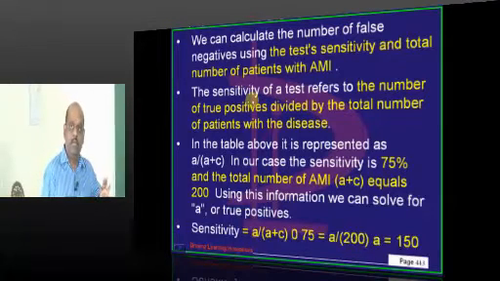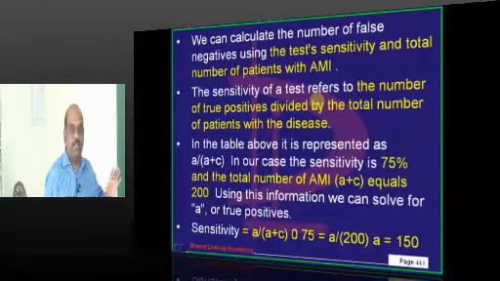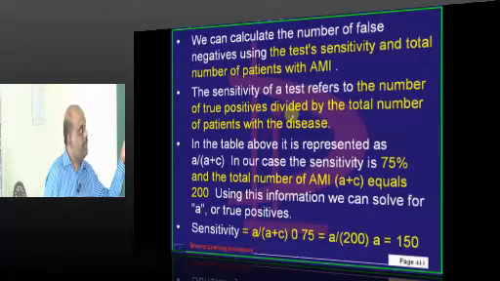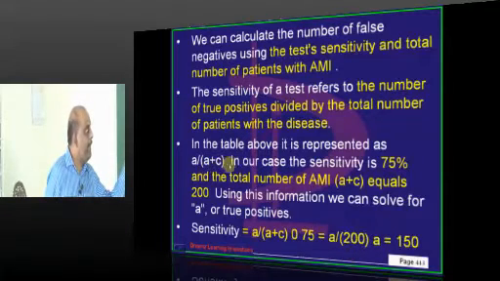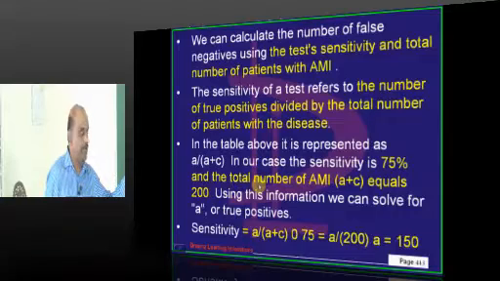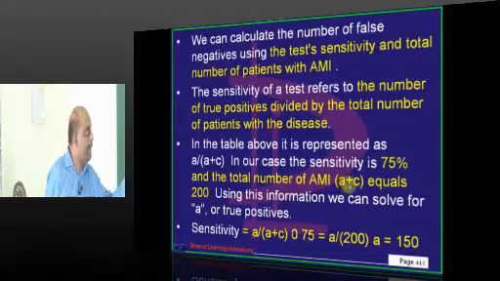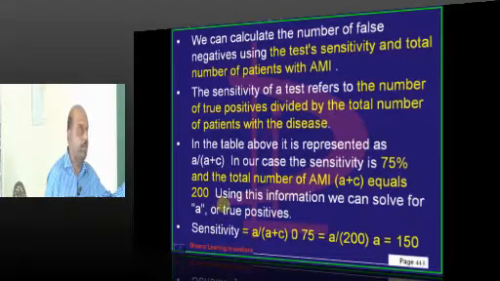How? The sensitivity of a test refers to the number of true positives divided by the total number of patients who have the disease, which is A by A plus C. In our case, the sensitivity is 75%, and the total number of people who have AMI, which is A plus C, equals 200.